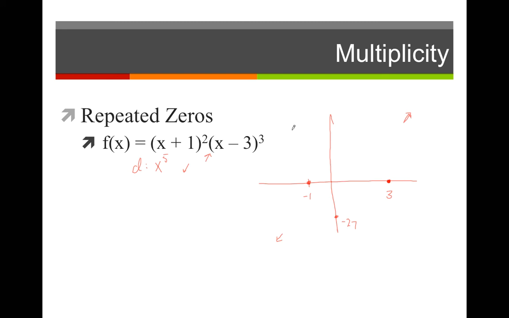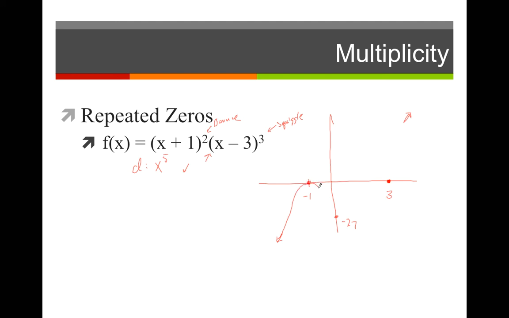But what does it mean to have multiplicity graphically? Well, you're going to see this on the next slide here, this 2 means to bounce. And this 3 means to squiggle through. Okay, so if I start down here, I'm going to come up to this -1.